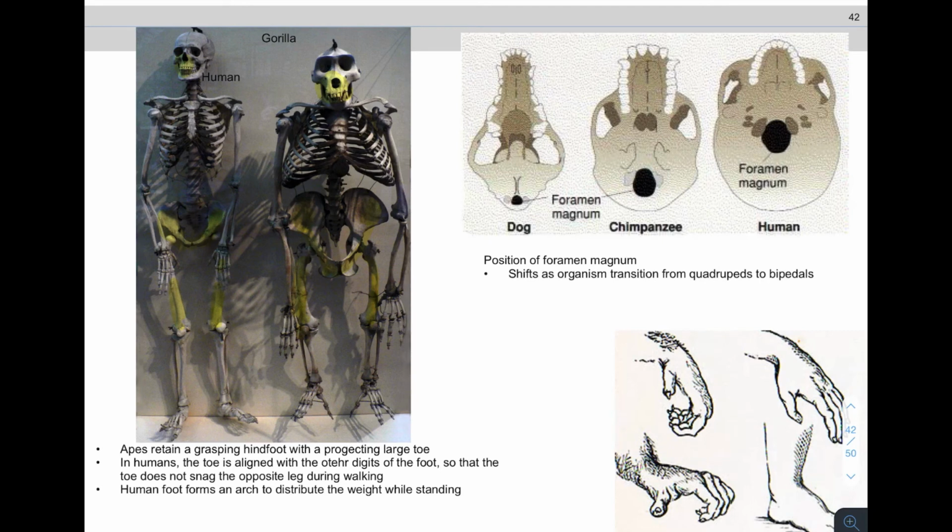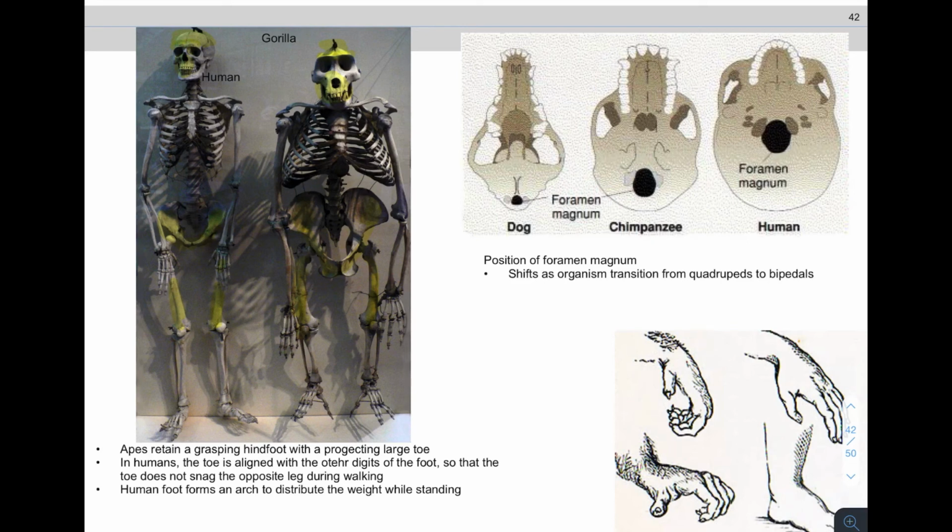Above the eyes, where the eyebrows would be, is much more prominent in the gorilla and in other apes, and the brain case is much more reduced compared to the human. You can just see how big that brain case is for the large brain that humans have.